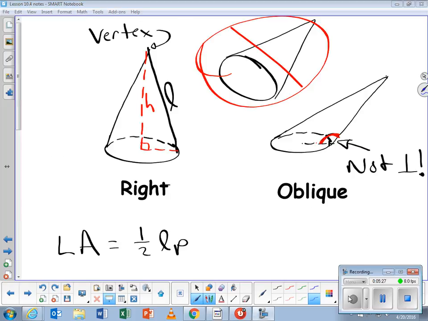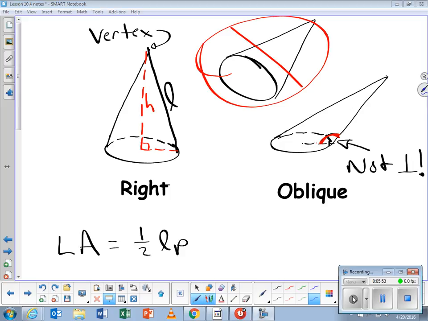For a cone, the concept of oblique and right is the same as all the others, and I've drawn a picture right here of what looks like a right cone, but we've just tipped it sideways.